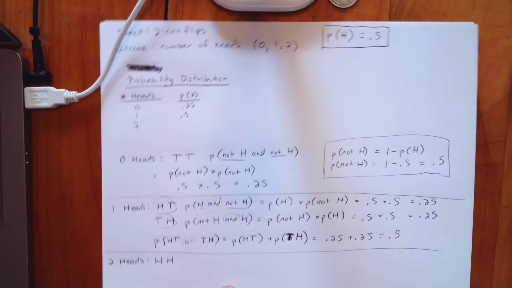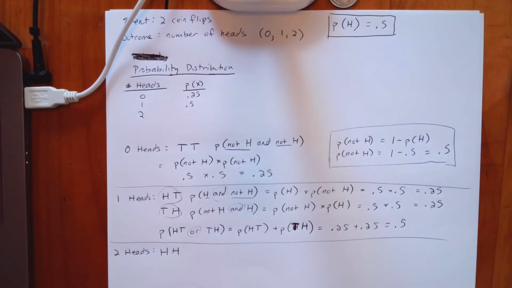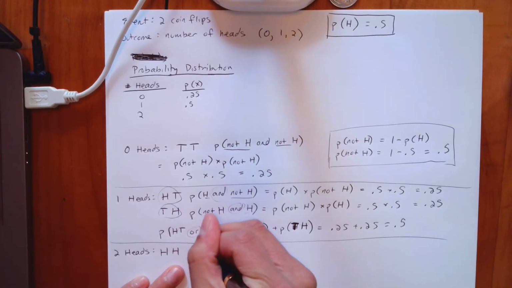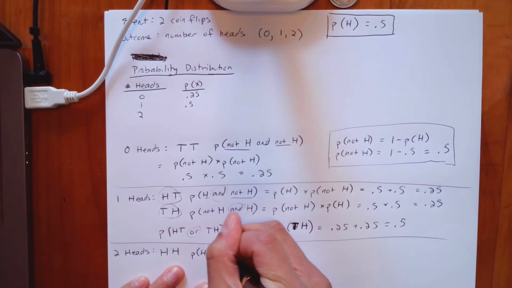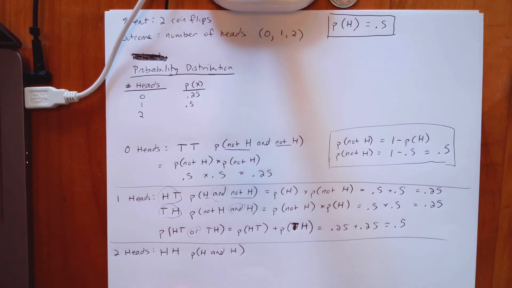And there's no other way to get 2 heads out of 2 coin flips. So for this one, the calculation is going to be a little bit easier than for 1 heads because we only have one way of getting this outcome. Here we need to know the probability of getting heads and heads again. What's the probability that you flip a coin twice and get heads and then heads?